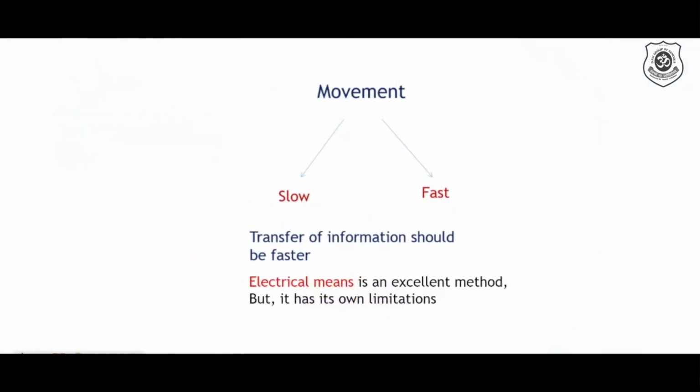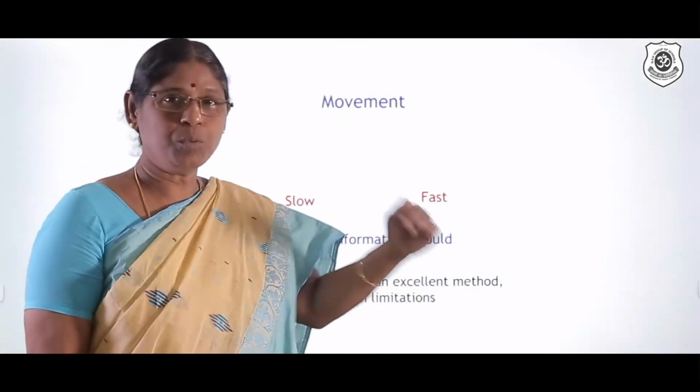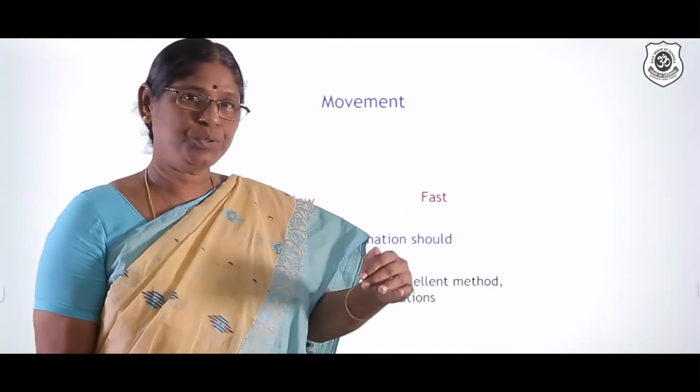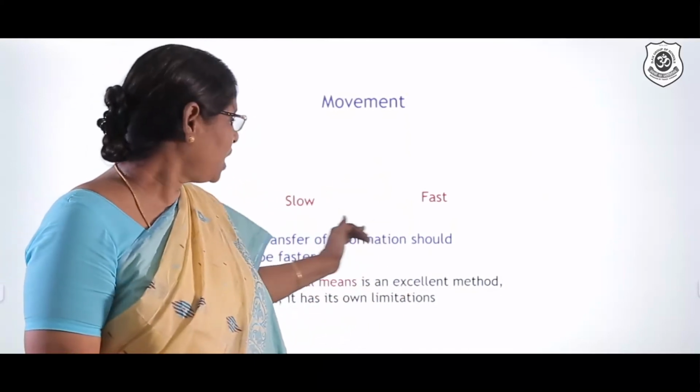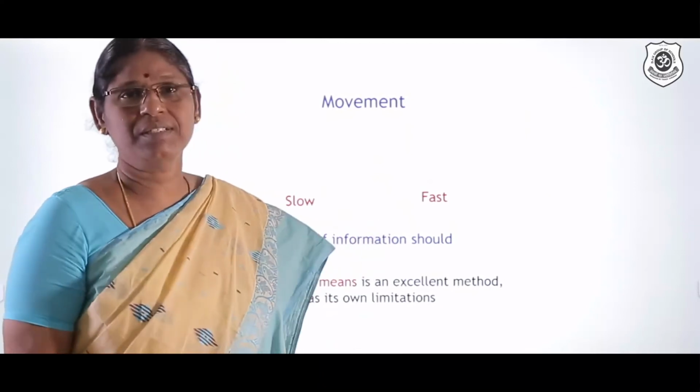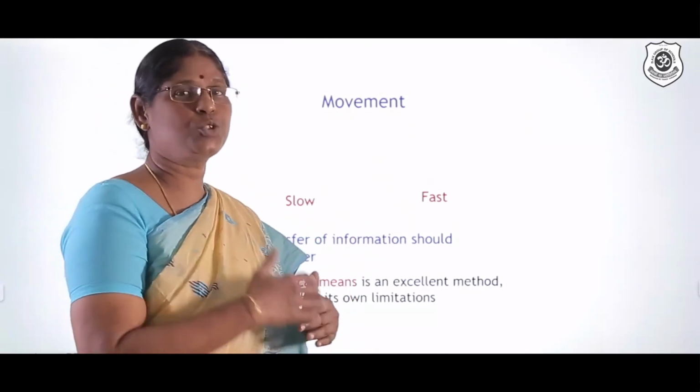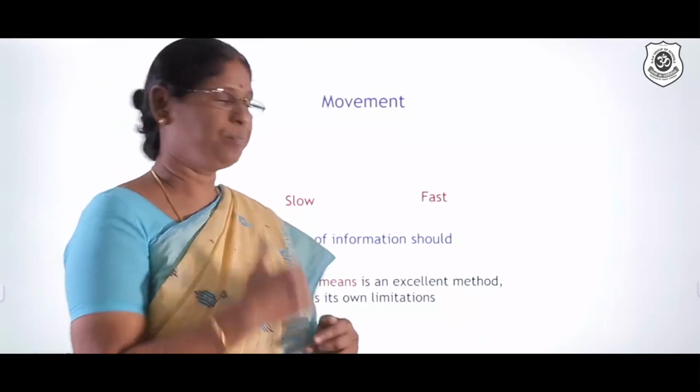Okay, now movement is nothing but the response, isn't it? This movement in our body may be a slow movement or a fast movement. If you want to make the movement faster, what you have to do? What should happen inside our body? The transfer of information should be faster, isn't it? The impulses should be transferred quickly.